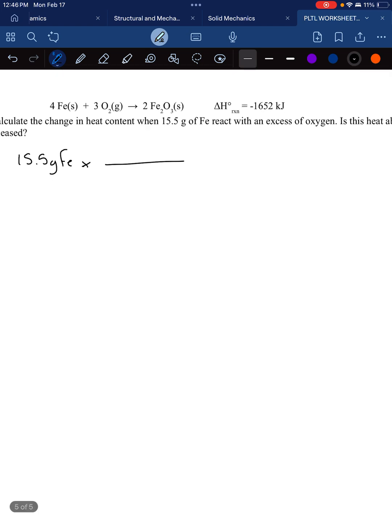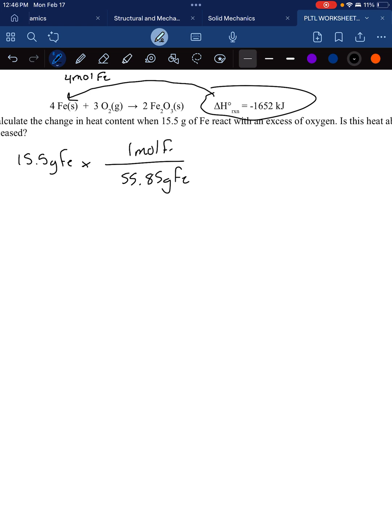Now, we don't know this, but we do know the heat flow for 4 moles of Fe. So when there's 4 moles of Fe, this is the heat flow, or sorry, I should stop saying heat flow and say enthalpy, the enthalpy of the reaction. I'll just write this down and then I'll explain further. If we did change this to moles of Fe, we could use this in our stoichiometry.